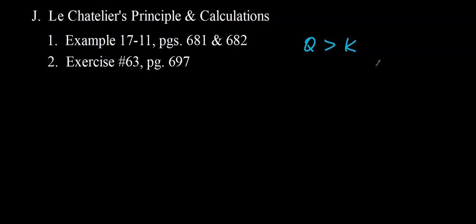Here's the tricky part. Once we know that the equilibrium shifts to the left, we need to then set up another ICE table. So take a look there in the solution. We take our new initial concentrations, plug them in for I, and then look at the change. So because the equilibrium shifts to the left, the amounts of H2 and I2 are going to increase.